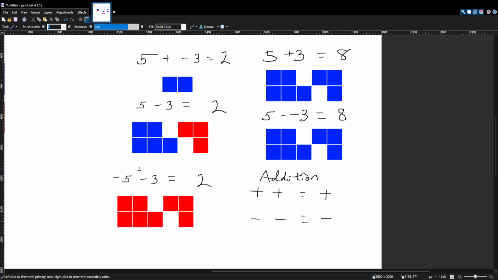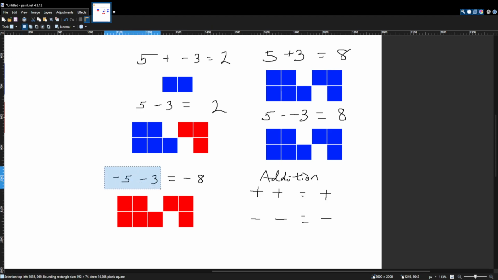And this is also the same as adding -3. I could add -3, or I could just simply subtract +3, and the result is that I'm going to have the 3 negative tiles here. And that isn't 2, that is -8.